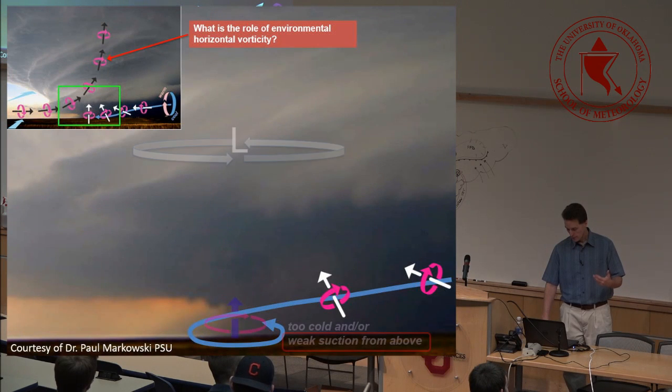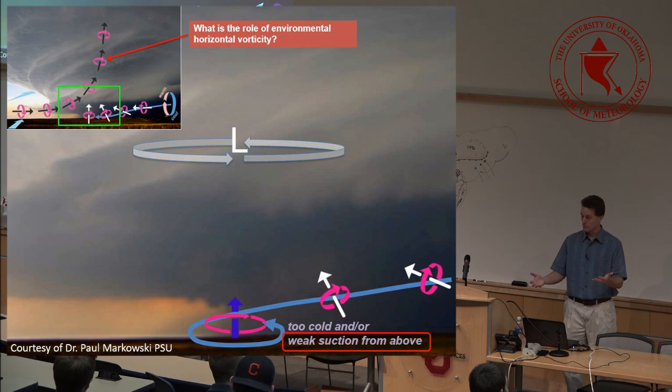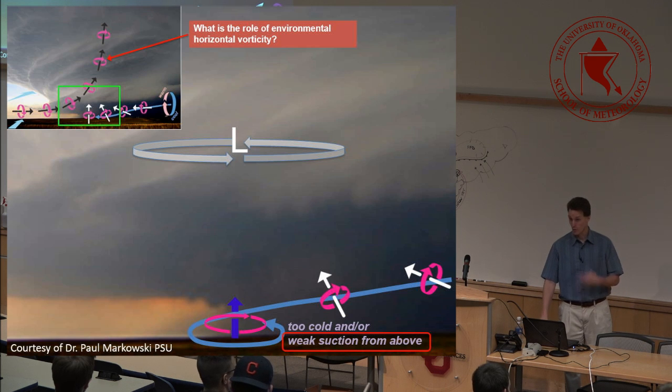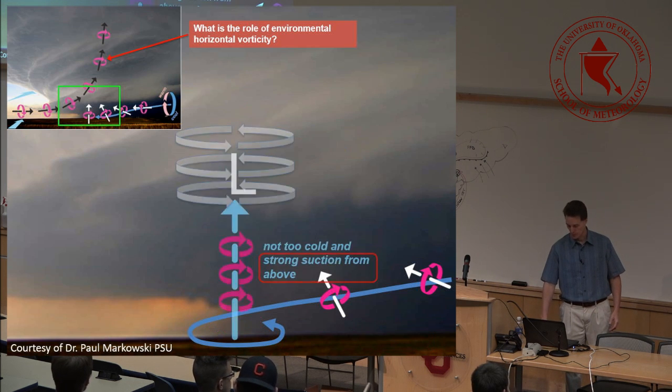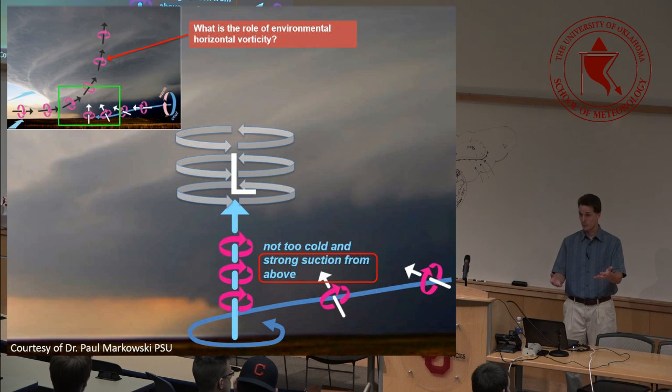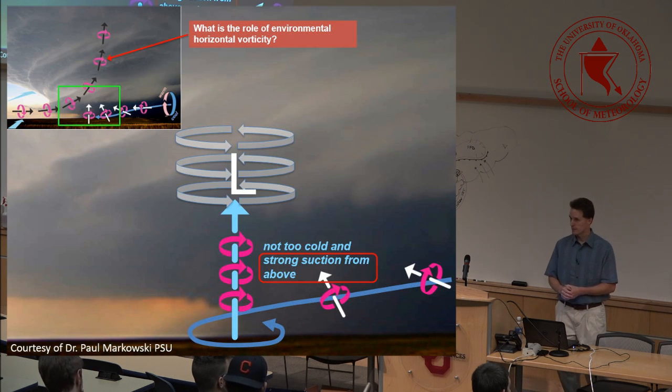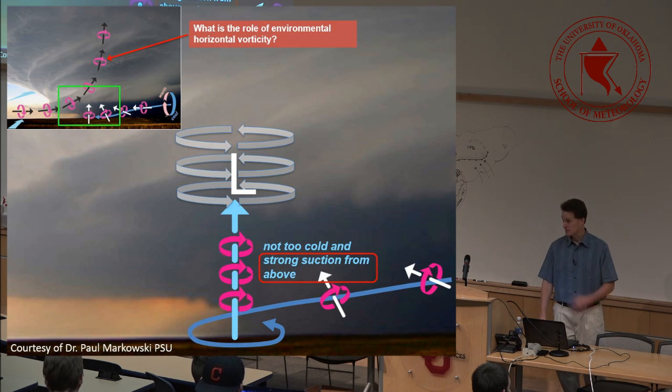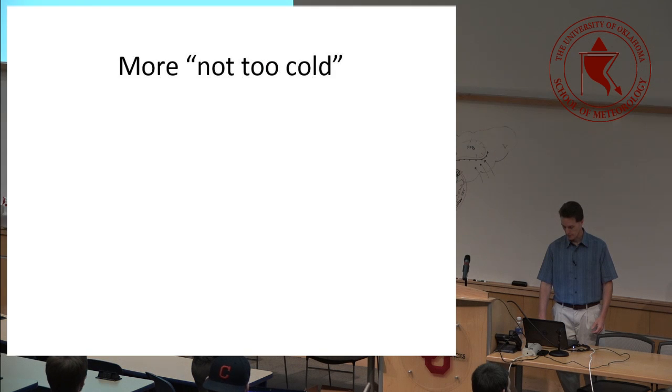All right, so again, if the rotation is weak close to the ground, the suction's weak, or if the downdraft is cold, either way you can short circuit the tornadogenesis process. If the pressure perturbation is very strong, the suction of the air in from below is very strong, and if the outflow air is relatively buoyant, then that would be the positive feedback and you get tornadogenesis.